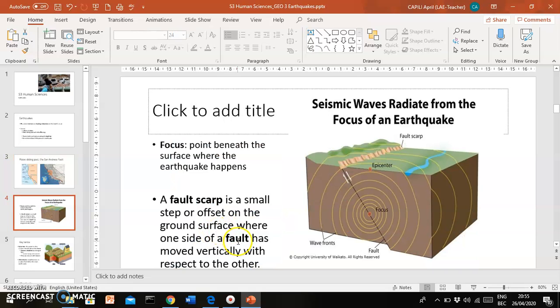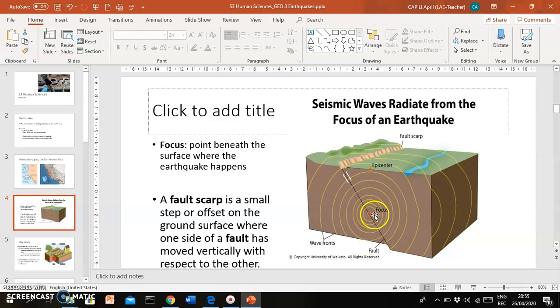Now, let's learn some terminology. When an earthquake happens, it happens at the focus. Imagine that this is a piece of rock, a piece of the crust, okay? And the focus is the point beneath the surface. That's the surface, where you stand or you walk, let's say the road or the ground.